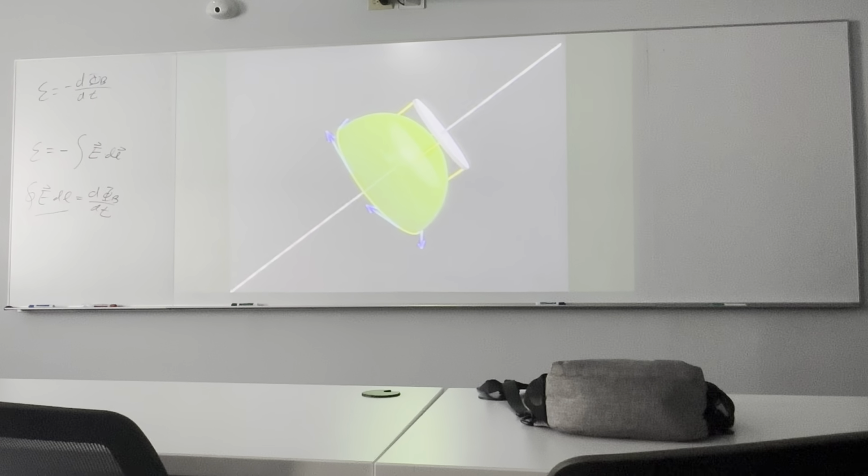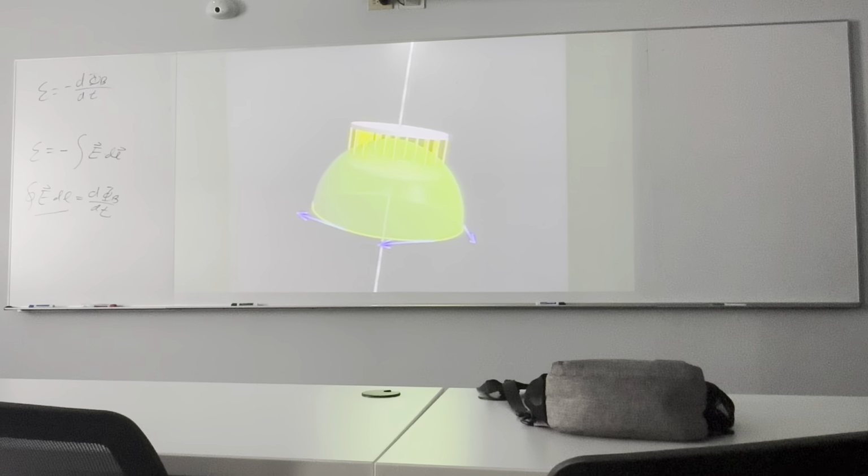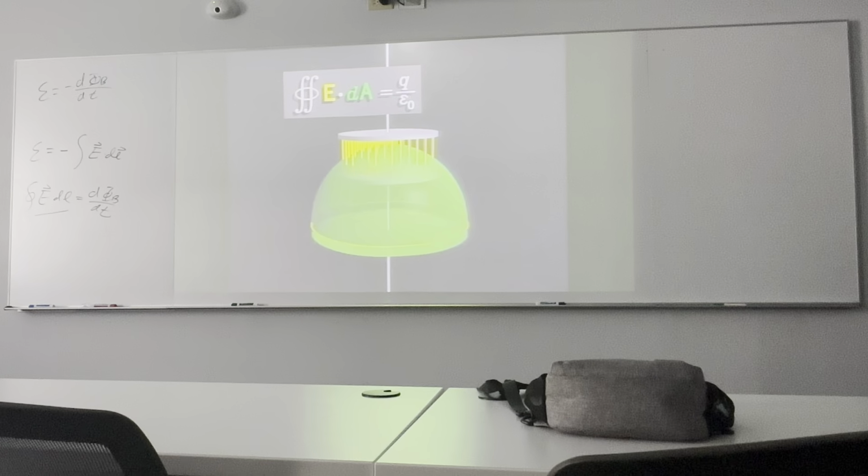As current flows into the capacitor, charge builds up, which creates an increasing electric field between the plates. The electric flux through the membrane can be deduced from Gauss's law by imagining a closed surface. All the flux goes through the dome-shaped membrane, and it's equal to the charge on the capacitor plate, over epsilon naught.